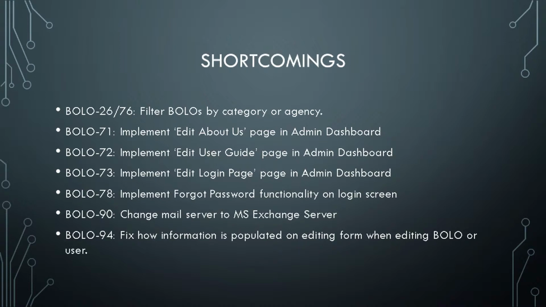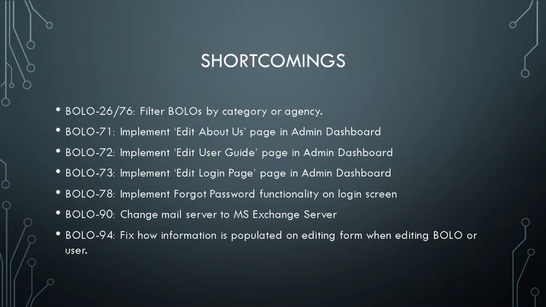Then we have the BOLO 90 user story. This is something that we did try to implement, and it is very simple. However, Frank and Jason haven't been able to get the Exchange server set up yet. Since we didn't have access to the Exchange server yet, we weren't able to fully complete it.